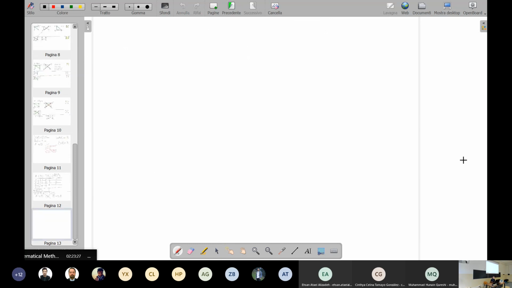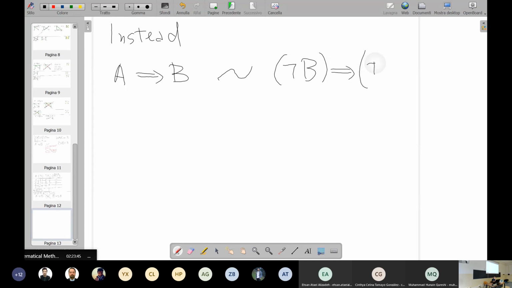And so what we have is instead A implies B is equivalent to non B implies non A. Okay, and we can see it very easily. What is not B implies not A?